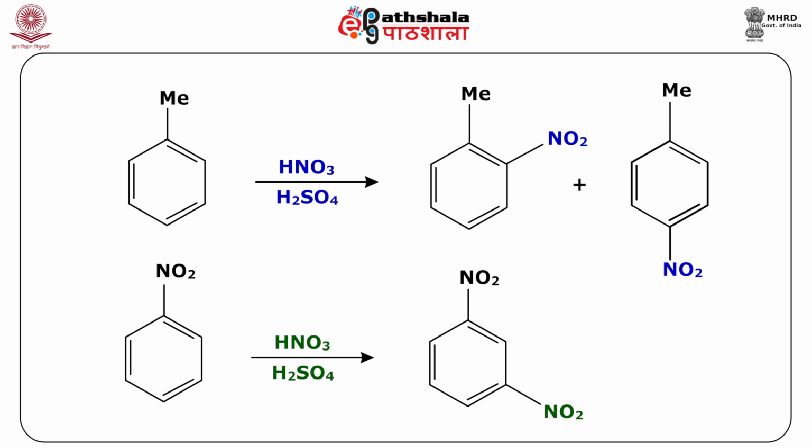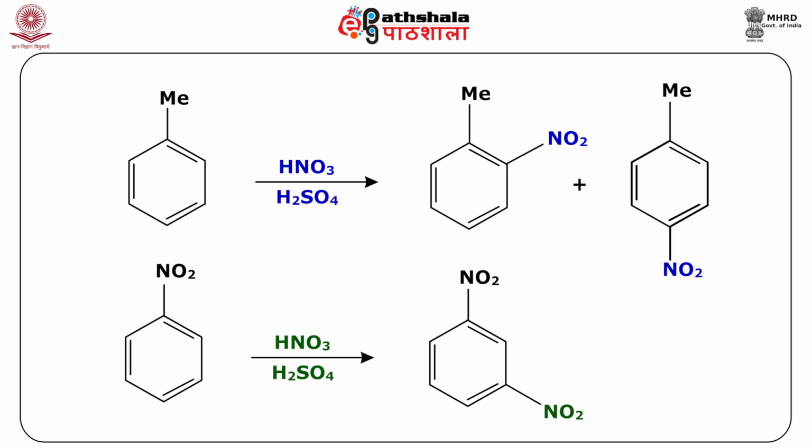For example, we can consider the nitration reaction. Now first one is the toluene, second one is the nitrobenzene itself. Let us consider the nitration of both these substituted benzenes. If you see, then the nitration of toluene gives you ortho and para nitrotoluenes.